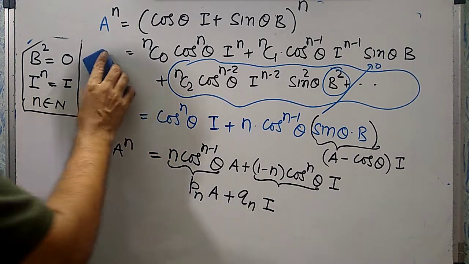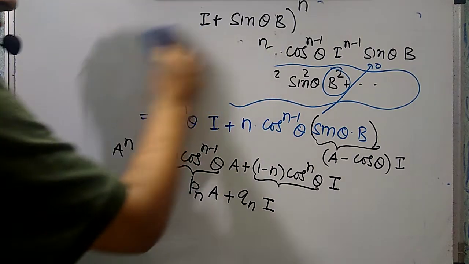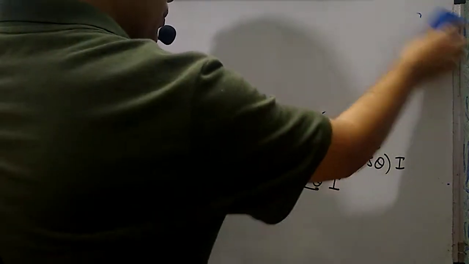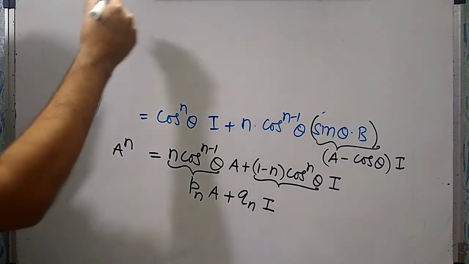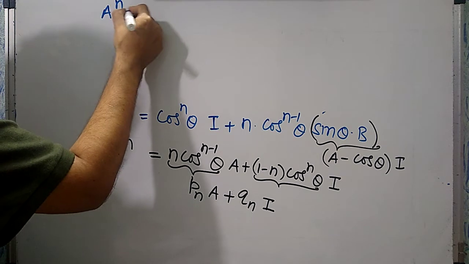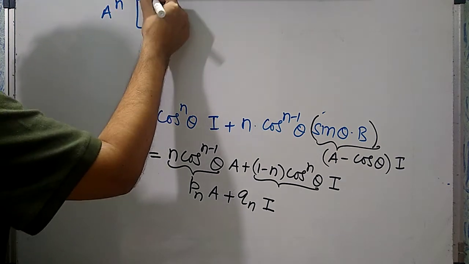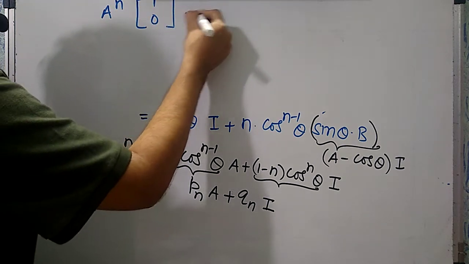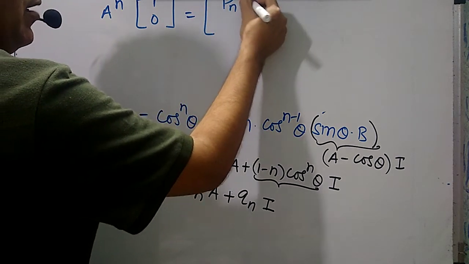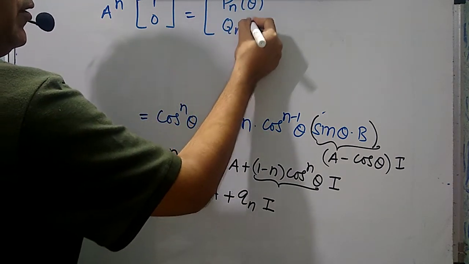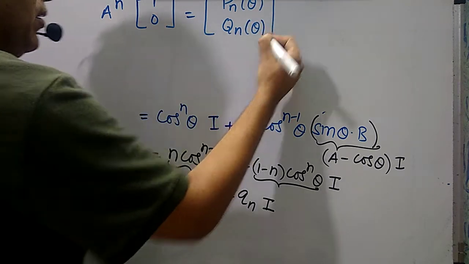Now then we have to define A to the power n into column matrix [1; 0] = column matrix [capital Pn(theta); capital Qn(theta)].